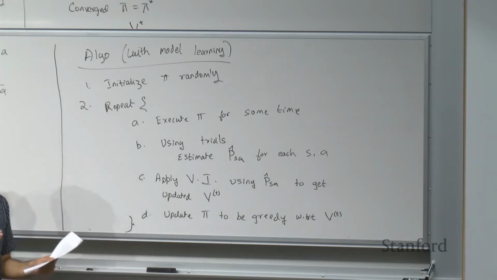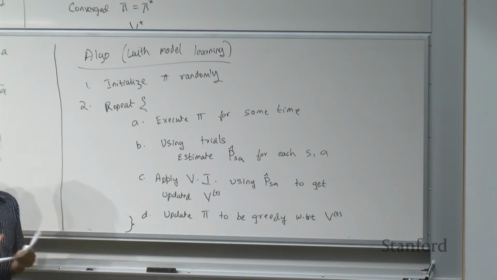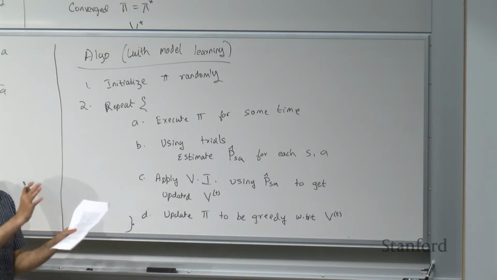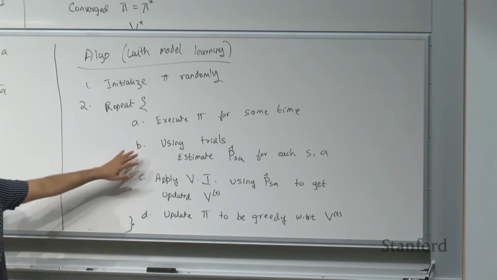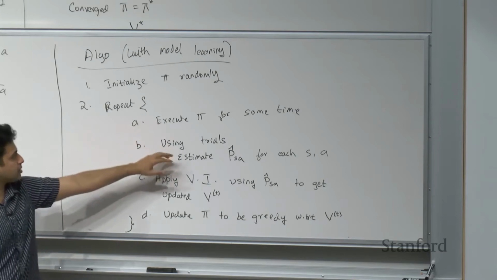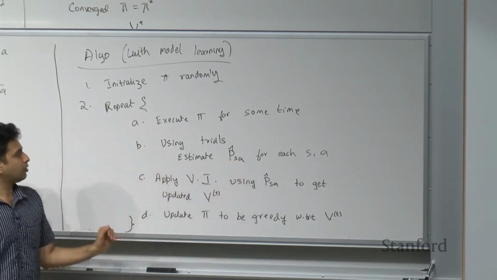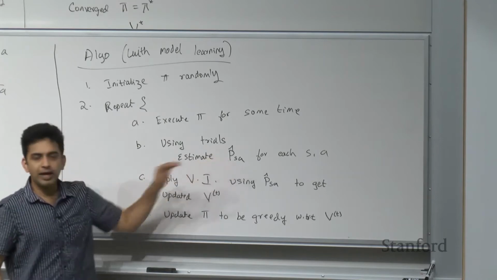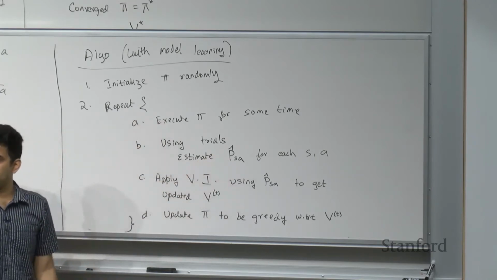And that's like a separate task from estimating the value function, right? Learning how the dynamics of the environment works is a separate task from learning the value function corresponding to that policy, right? And using this experience, we can estimate p hat SA. It's important to note that learning p hat SA is independent of the policy that we were following, right?